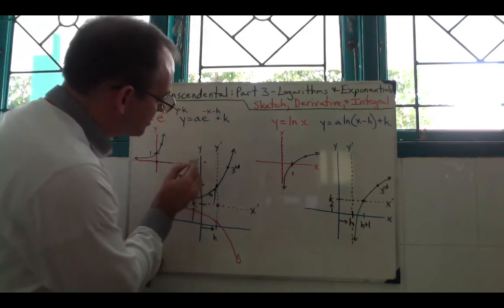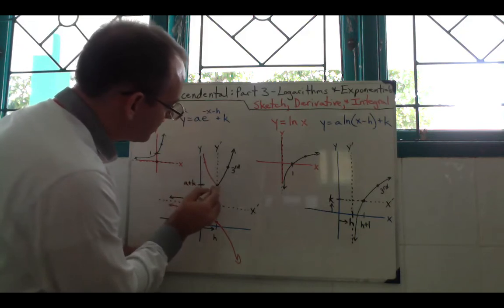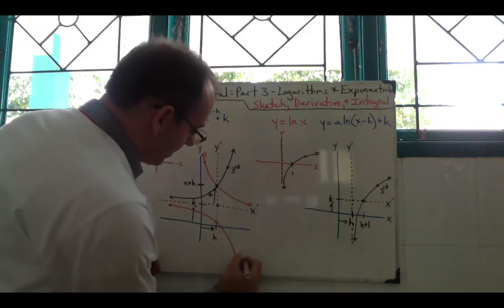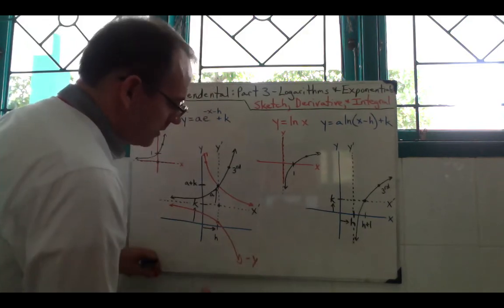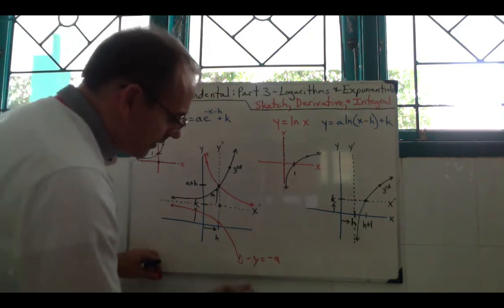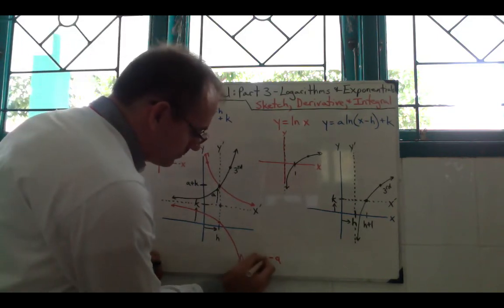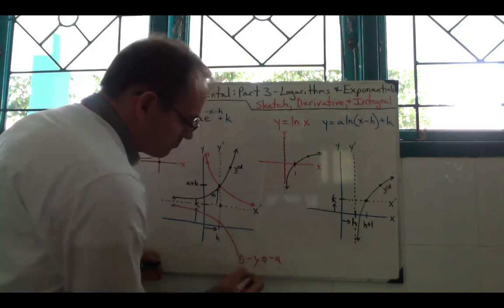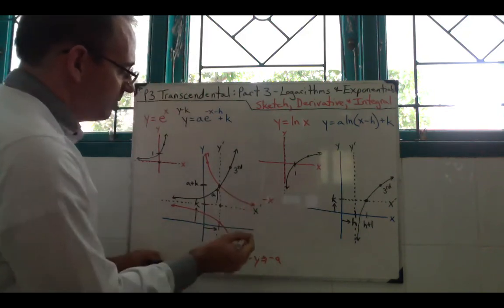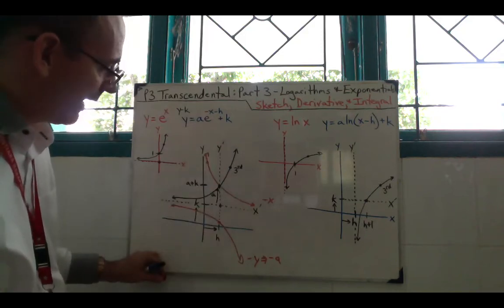So it would be more something like this. Okay, so this is a negative on the y, which actually means it's going to be on the a. And this one would be a negative on the x, means it flips over your y-axis.